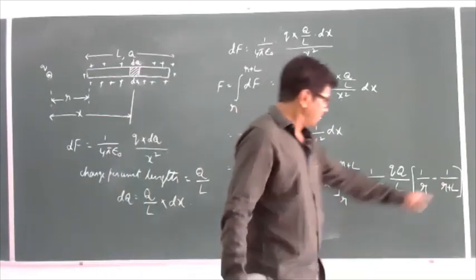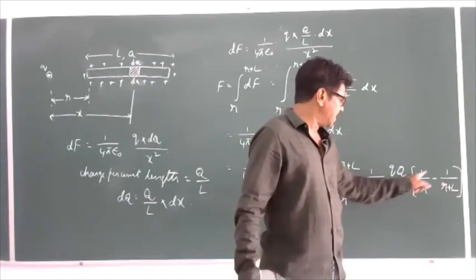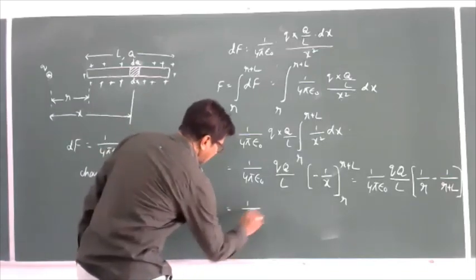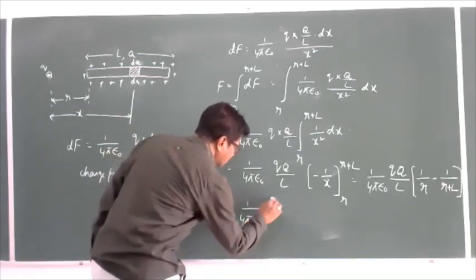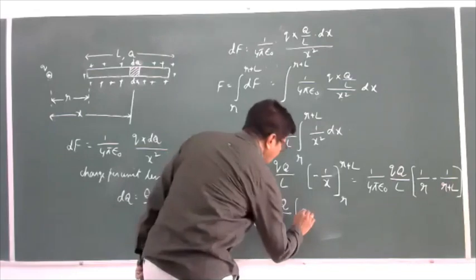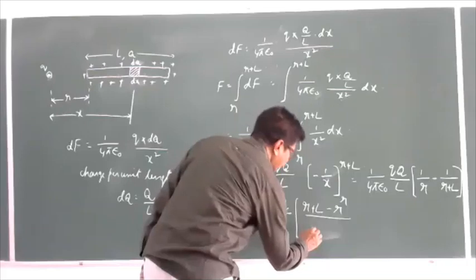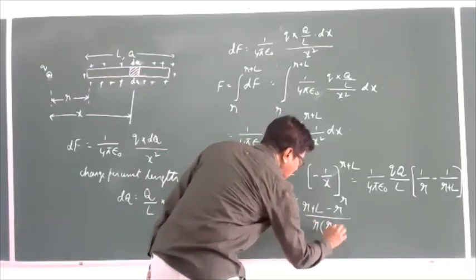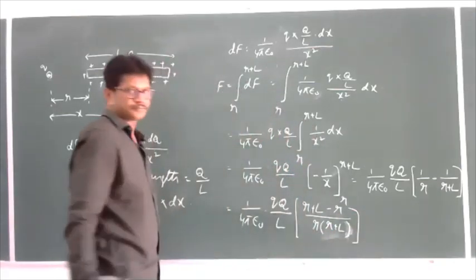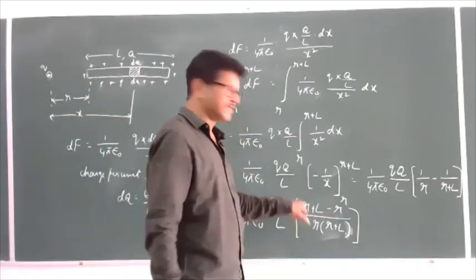Now if you take the LCM, R plus L minus R, we get 1 by 4 pi epsilon naught Q by L, R plus L minus R divided by R into R plus L. Then the plus R and minus R cancel.